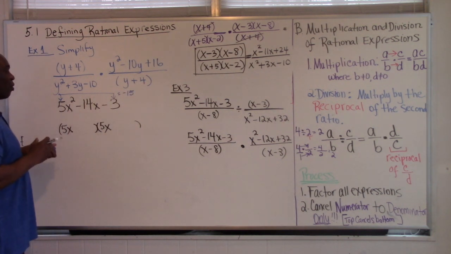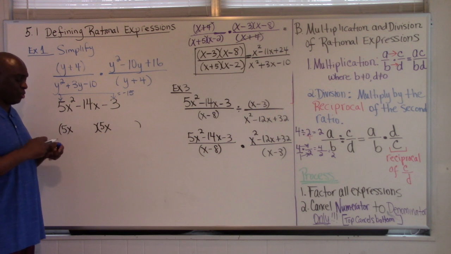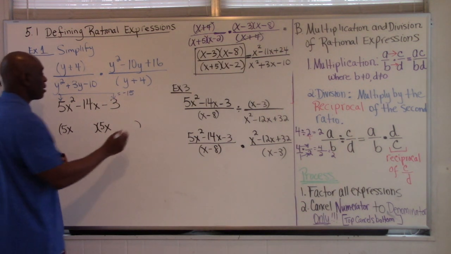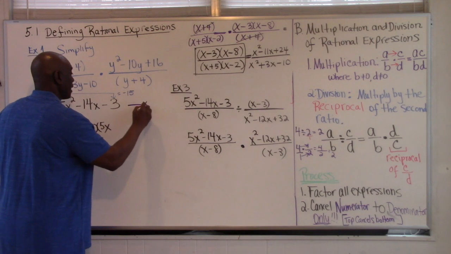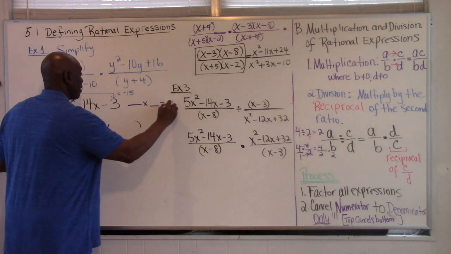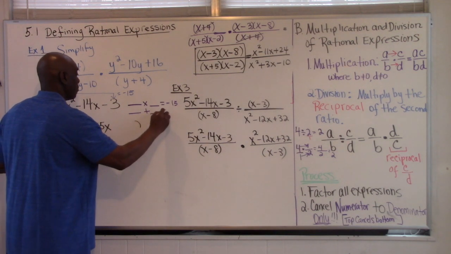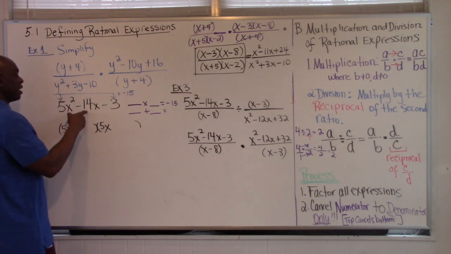Once you do that, we need two numbers. Give me two numbers that multiply to negative 15, and then two numbers that add up to negative 14.